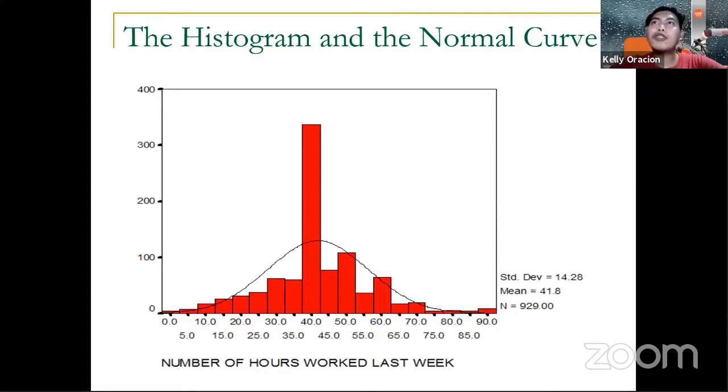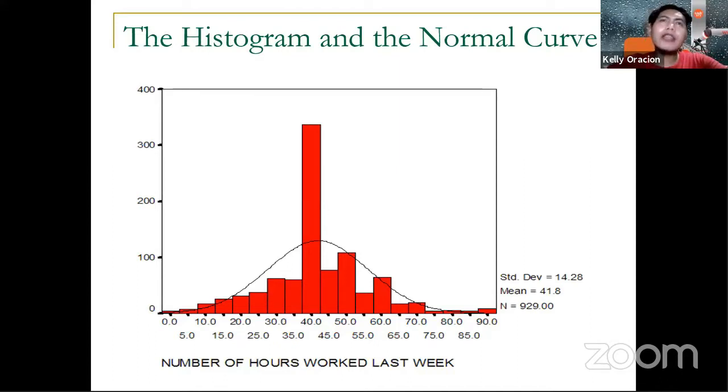So, what's the relationship of histogram and normal curve? Tingnan nyo dito, class. By the way, class, dapat alam nyo ang difference ng histogram at saka yung bar graph. Yung histogram, walang space. Ang bar graph, meron. Itong histogram, dikit na siya, class. And if the histogram is normal, means your curve also is normal.